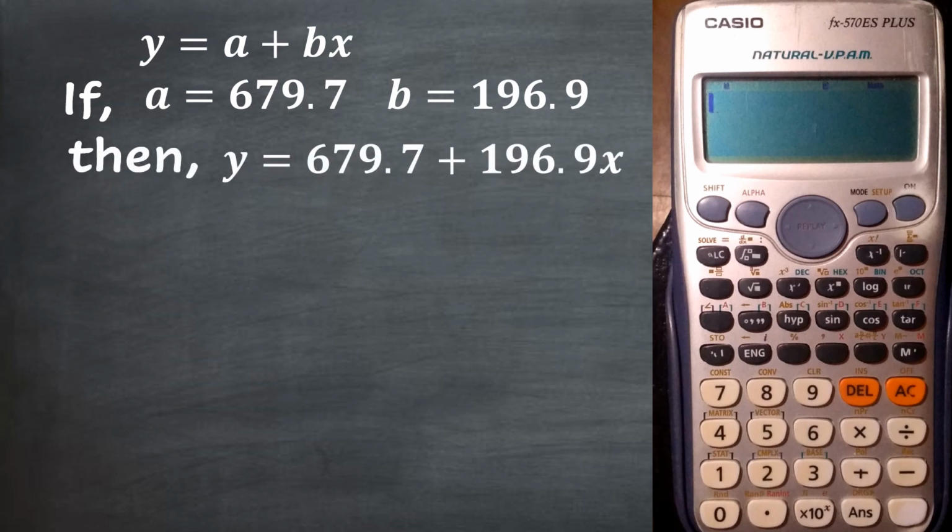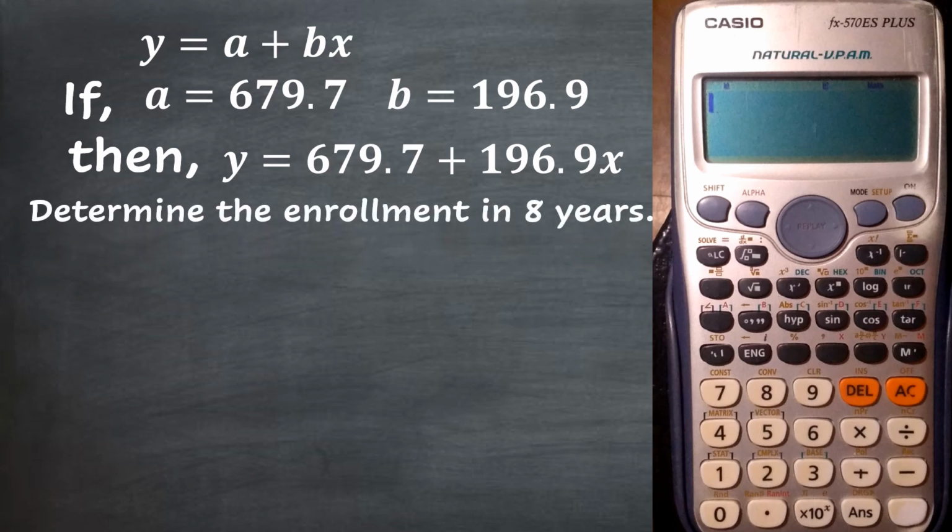Substituting the values of A and B in the given regression analysis equation, we'll have the regression analysis equation for this problem as y is equal to 679.7 plus 196.9x.